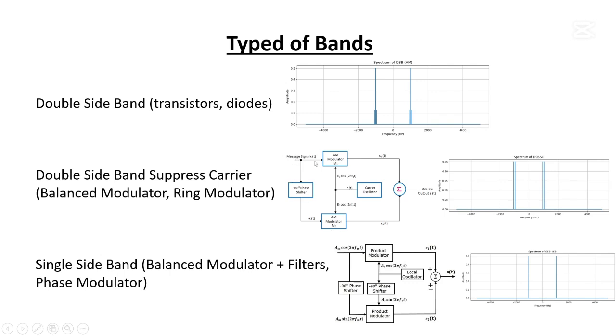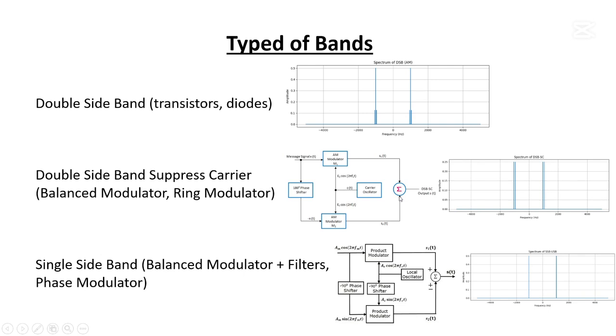Similarly here, the message signal goes through a 180 degrees phase shifter, which shifts the angle of the message signal. So a phase shifted message signal goes here, the carrier comes from here, and here also a double sideband is produced, but with a 180 degrees shift.